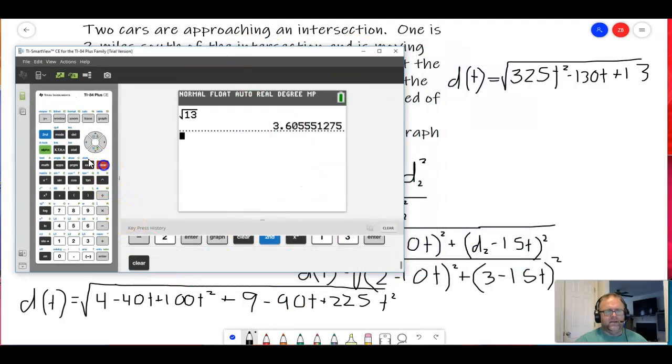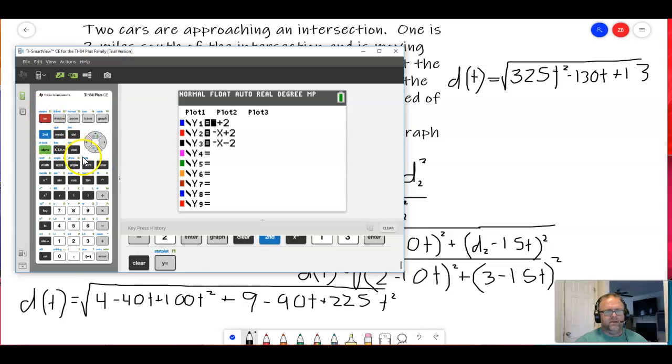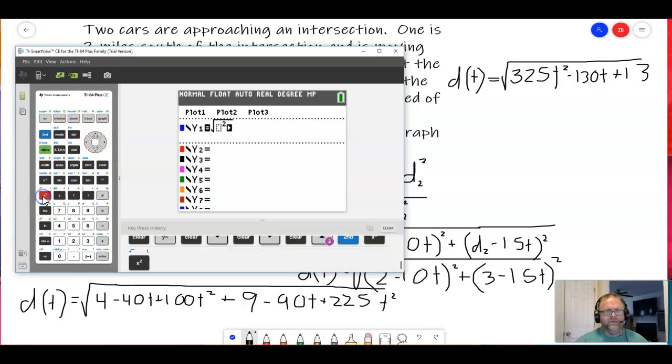Now let's go ahead and put this in our calculator. So clear that out. And we're going to do second square root of 325. We're just going to call it an x. That's fine.